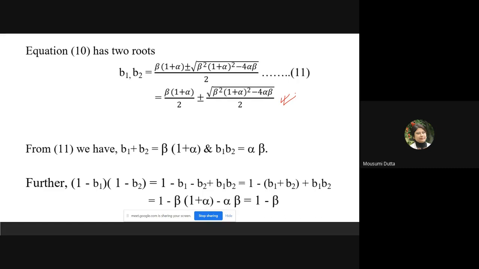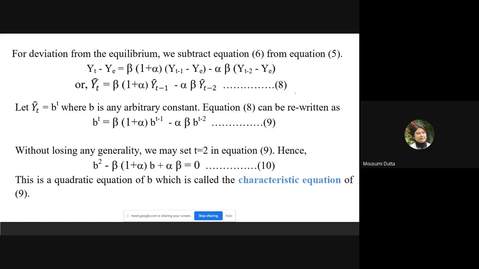Now from equation number 11, the sum of the roots b1 plus b2. What is the value of the sum of the roots for any quadratic like this? b1 plus b2 is equal to minus b by a.